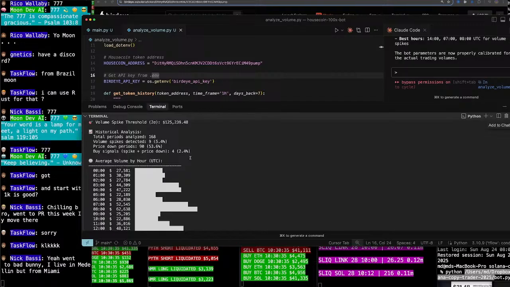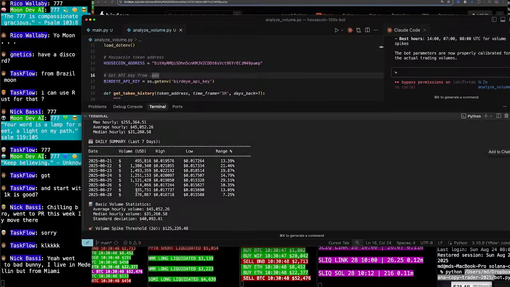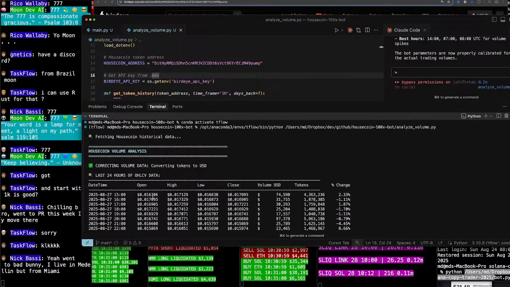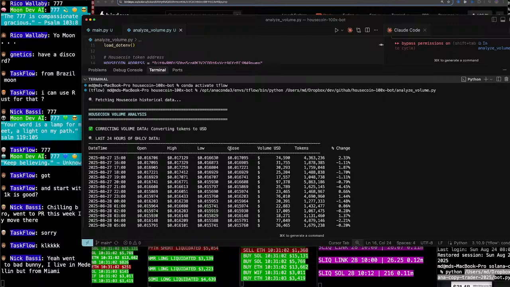Okay, so you can see last 7 days volume 400. Okay, this is more correct. 735. This is only from today though, so it's not a full day. The low price is 0.015. I'm just kind of thinking through an algorithm in my head, and I've told you some of it thus far.